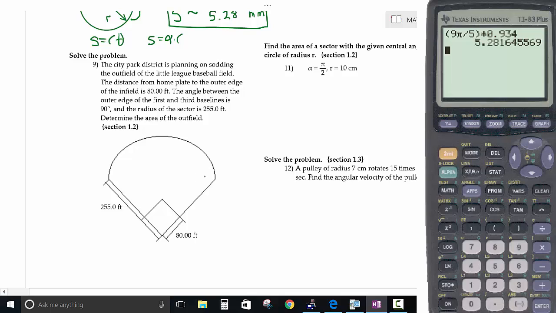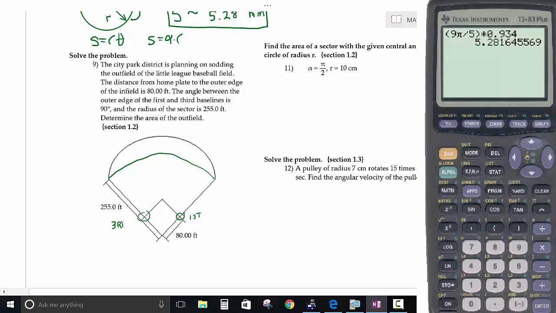Because technically, what they're saying is this is going to be an arc of a circle. That's the idea. So it doesn't look like an arc of a circle, but that's technically what they're saying on this. So what we need to do is find the angle between the outer edge of the first and third bases. Here's first base, and here's third base.